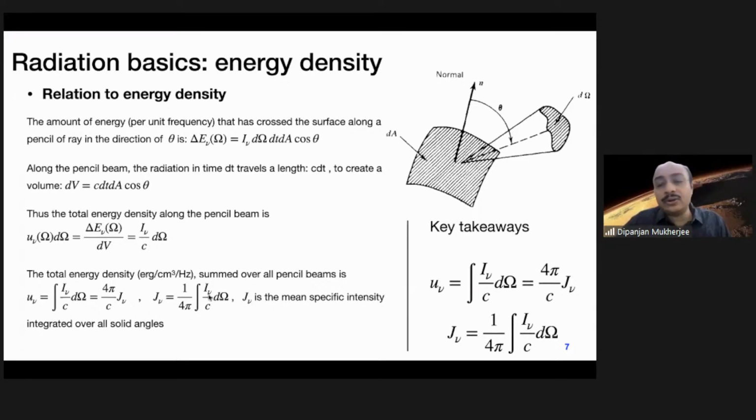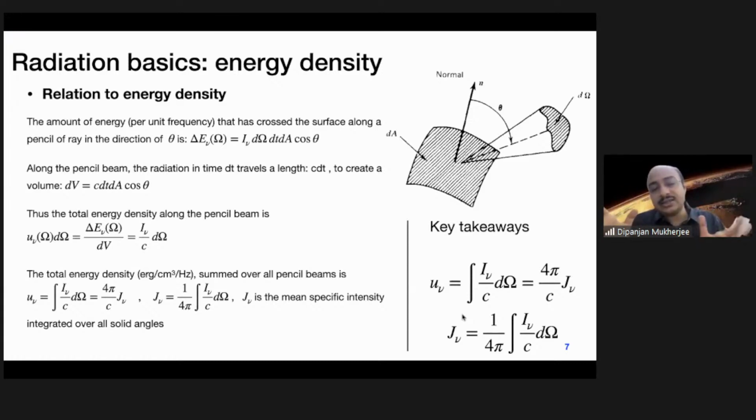So if your I nu or the intensity distribution is direction dependent, then you integrate over all solid angles and divide by 4 pi to get the solid angle integrated mean specific intensity, which is called the capital J nu. So some key highlights to note here: the solid angle integrated energy density is proportional to J nu by c, or think of it in terms of physical sense or units.